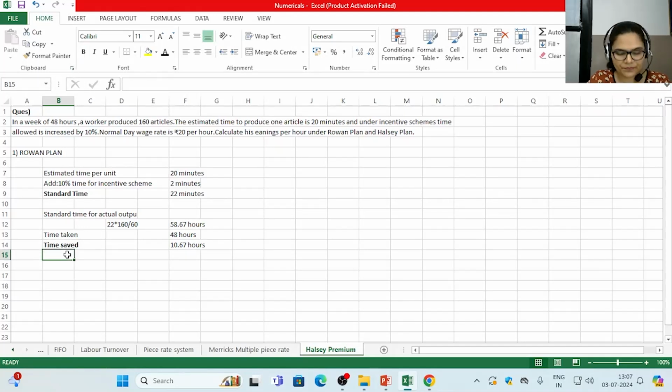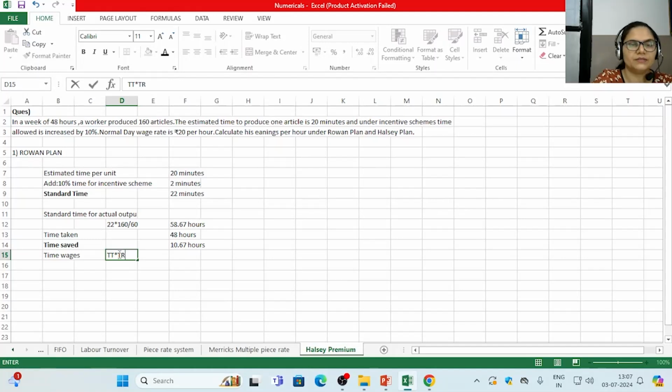Next is time wages. Time wages is equal to time taken multiplied by time rate.